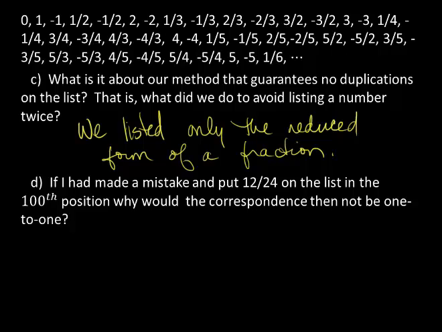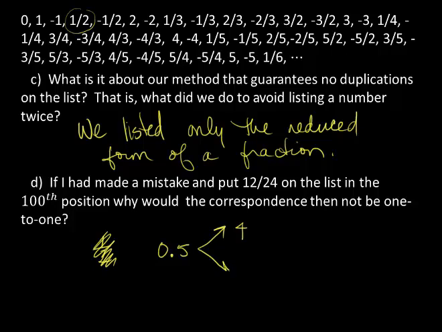D, if I had made a mistake and I put 12/24 on the list in the 100th position, why would the correspondence then not be 1-to-1? Well, if you look up at the list here, you see that 1/2 is on the list in the 4th position. So the number 1/2, let me call it something else, let's say the number 0.5, put it in its decimal form, would correspond to 4 when it was put on as 1/2.